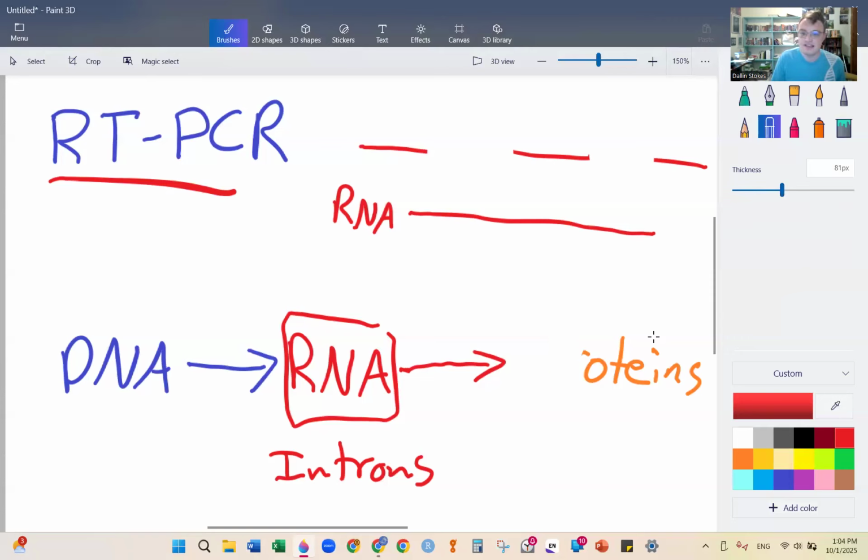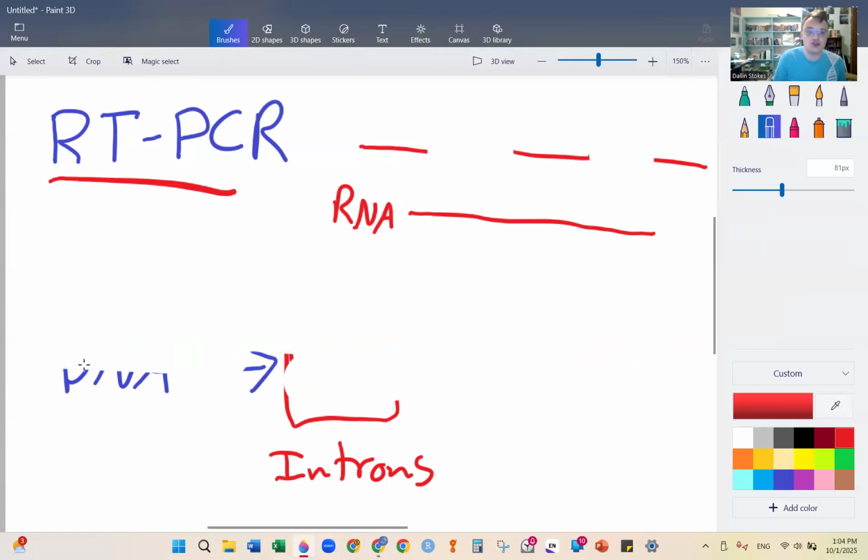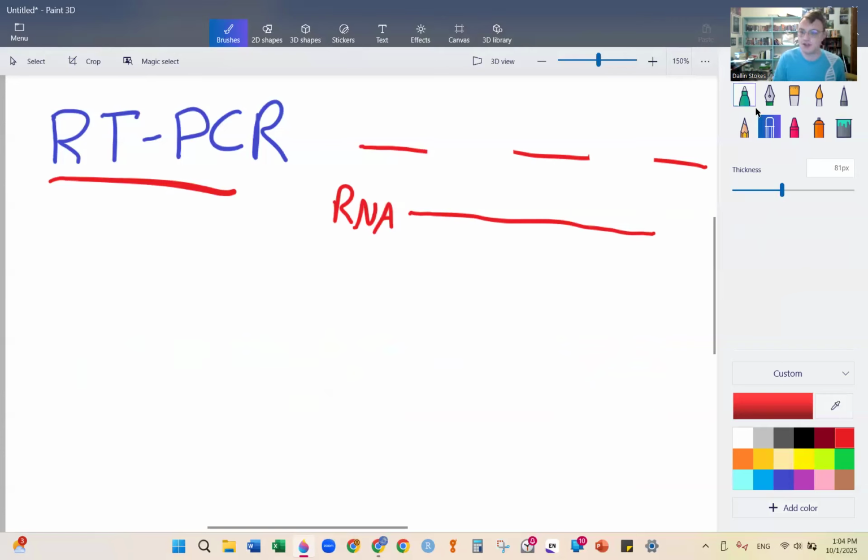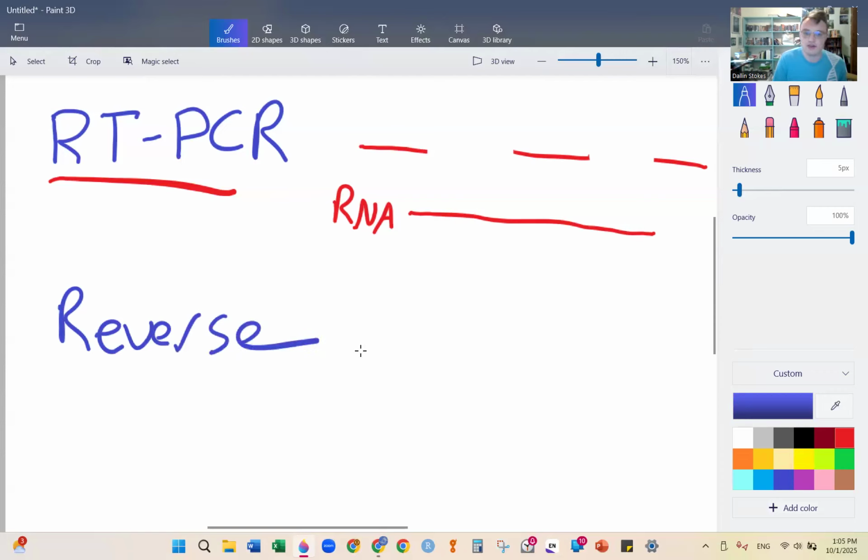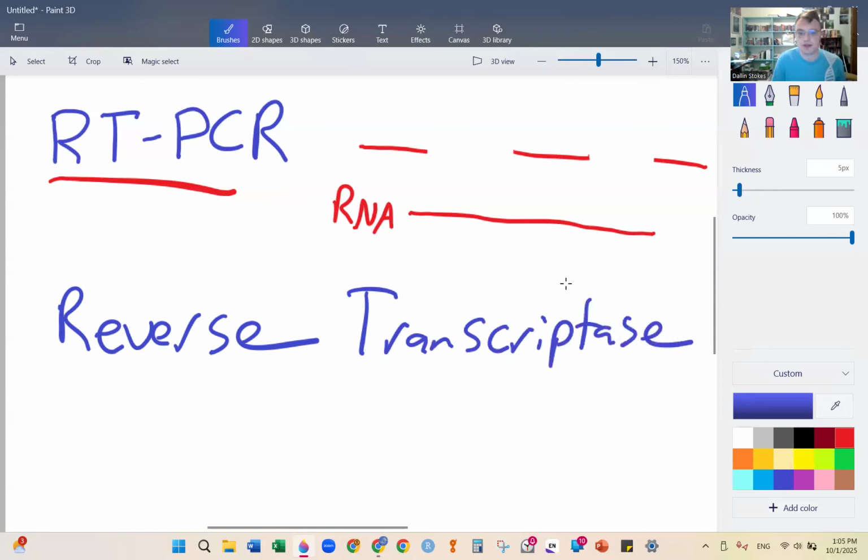RT stands for reverse transcriptase, which is a long word here. Reverse transcriptase. And reverse transcriptase is an enzyme that comes from certain viruses like HIV.